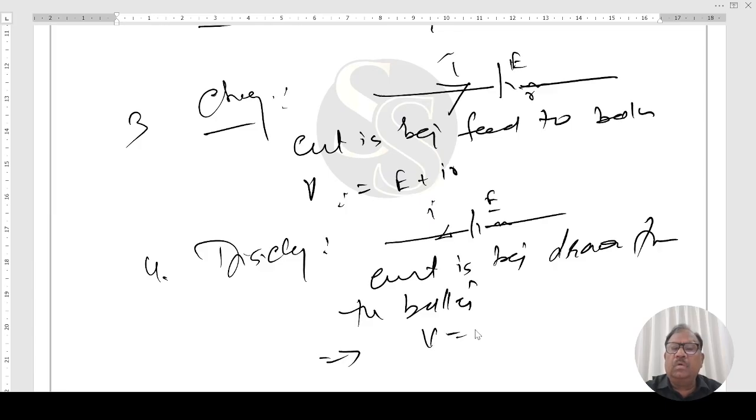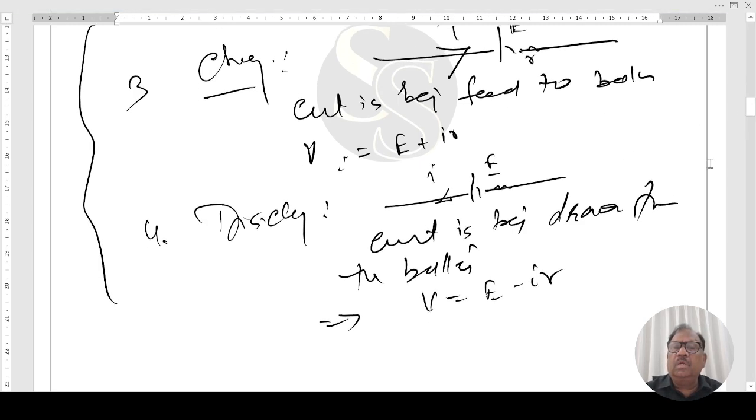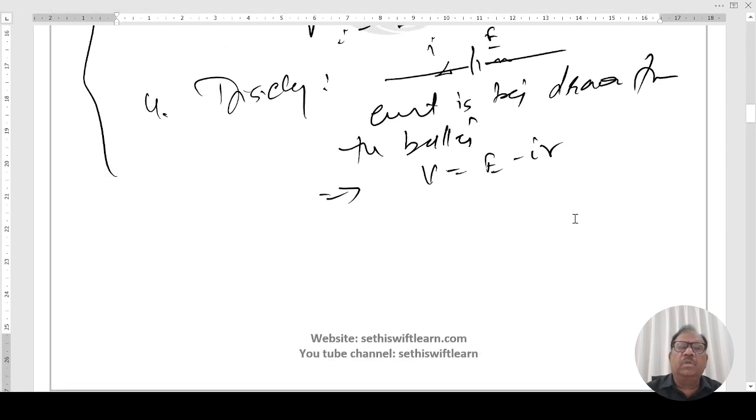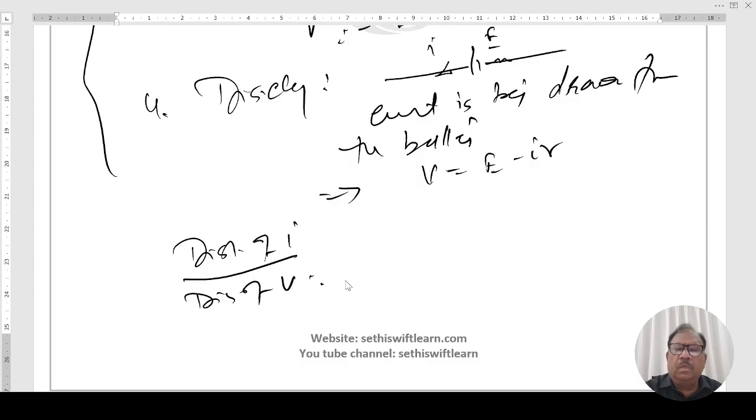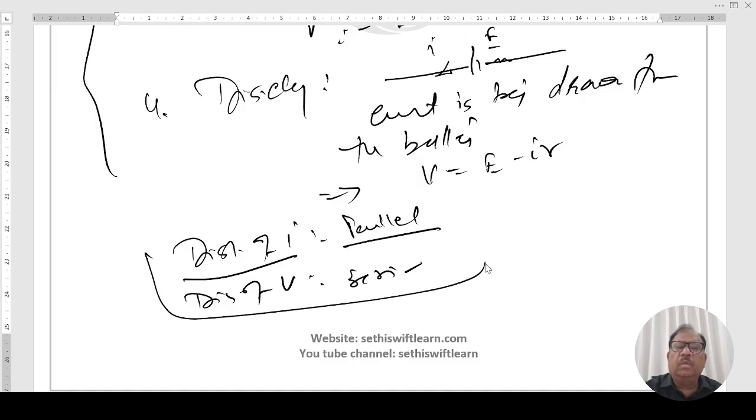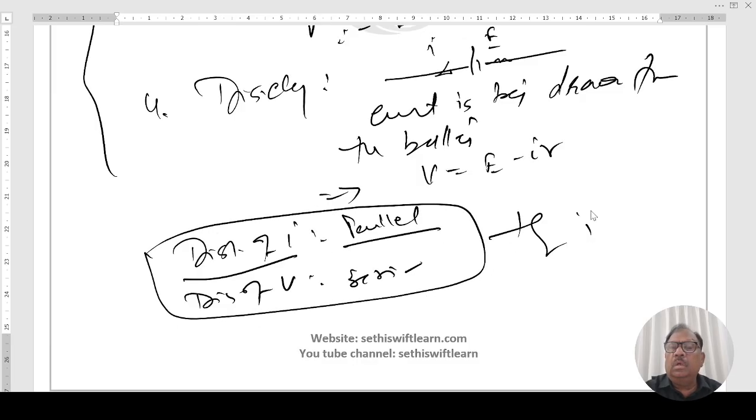In that case, V equal to E minus IR. These are the 4 cases of the battery. We will discuss the question also. Also, we will discuss distribution of I, distribution of V in series, in parallel, through illustrations in the question.